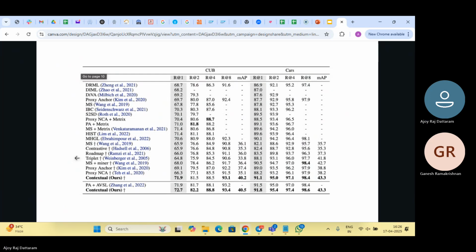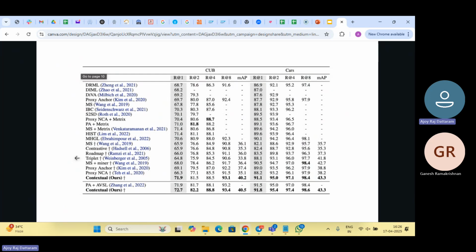I got it. It takes three, an anchor and a positive and a negative pair, I guess that's what it does. Because here it is not just an anchor, it is taking all the classes, all the samples at once. That is what my understanding has come from the paper.